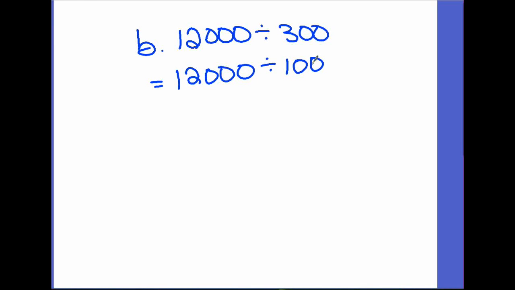So if I do 100 times 3 to get to 300, then it'd be divide by 100 and divide by 3.